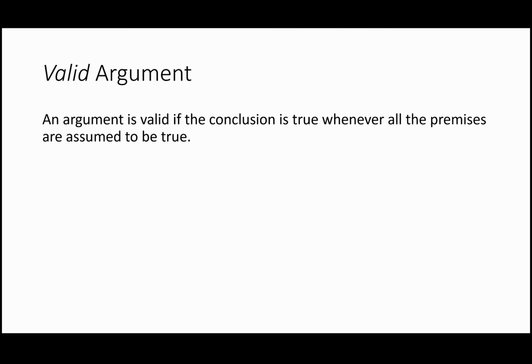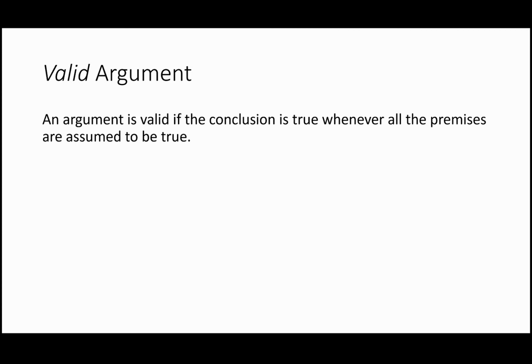So this can be kind of tricky to spot. So we're going to go over several examples over the course of this lecture, analyzing the truth values of individual statements within an argument, and using that to determine if the argument is valid or invalid.